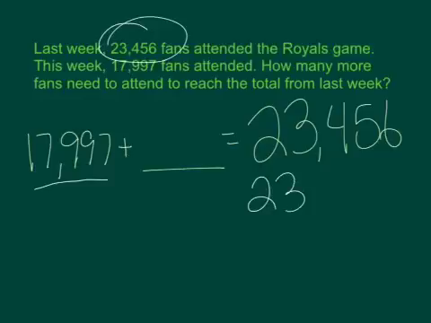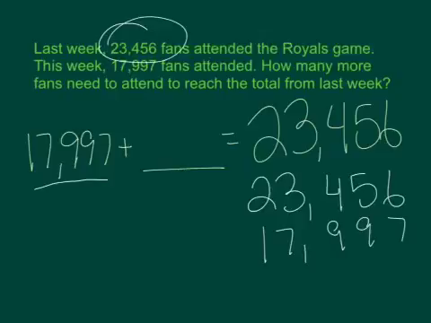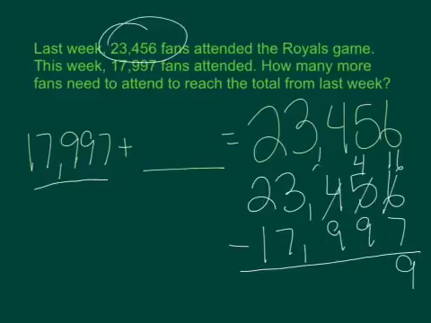So you should have set your equation up like this, with 23,456 as our top number and 17,997 as our bottom number, and then you proceeded to subtract. There was some regrouping involved, so you had to go through and regroup as necessary.